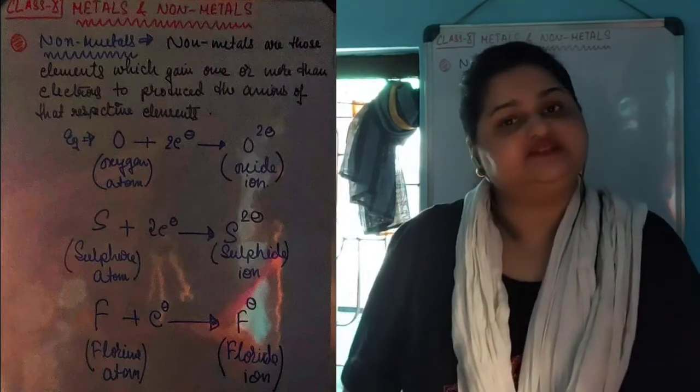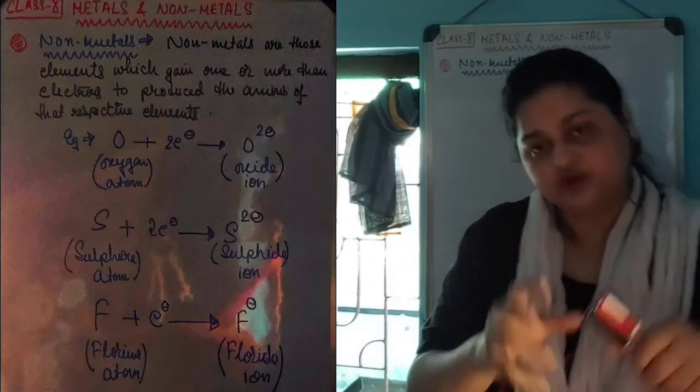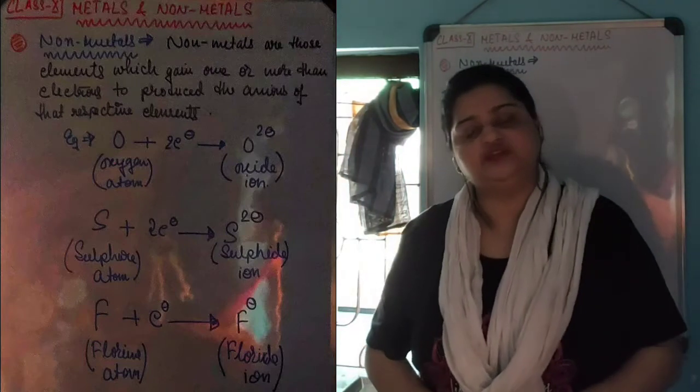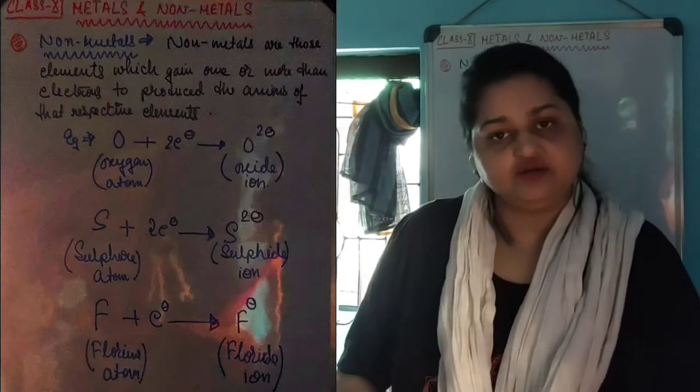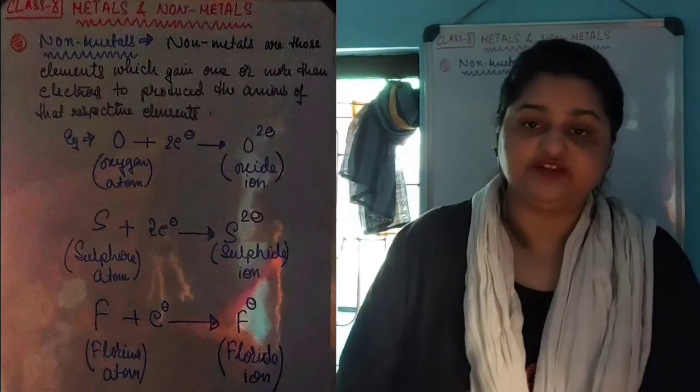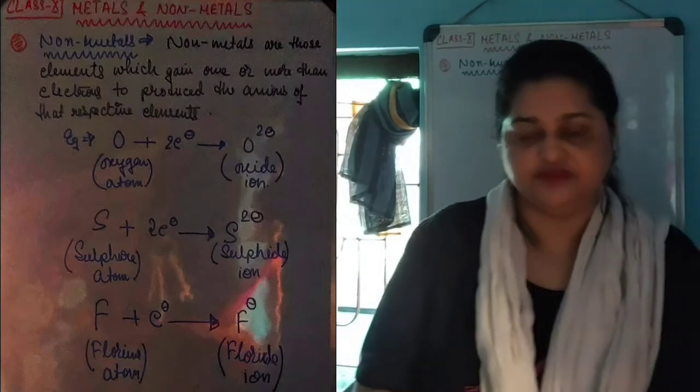The contrary is the non-metals. Non-metals are those kinds of elements in nature which gain electrons and create anions of those elements.